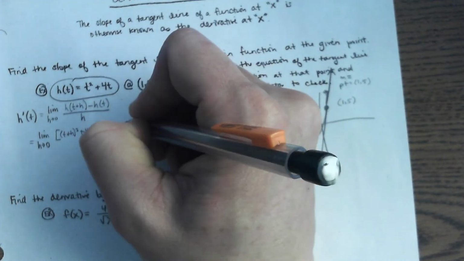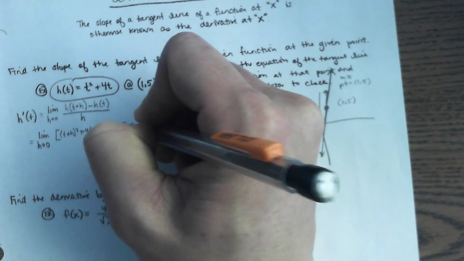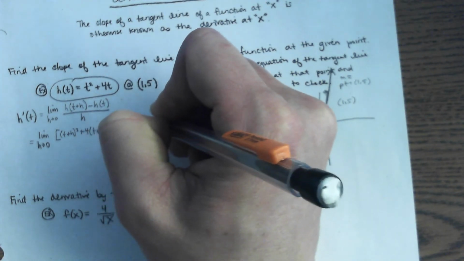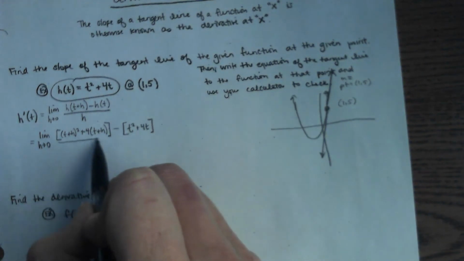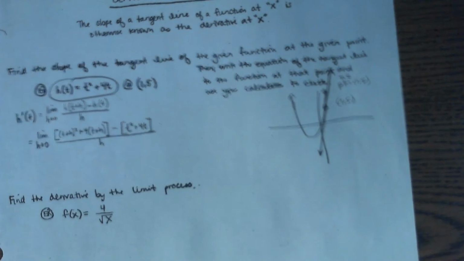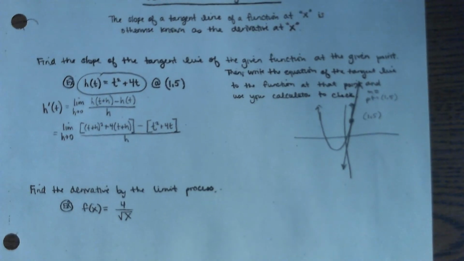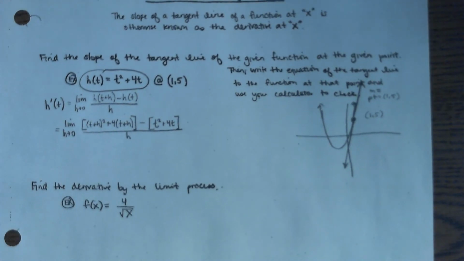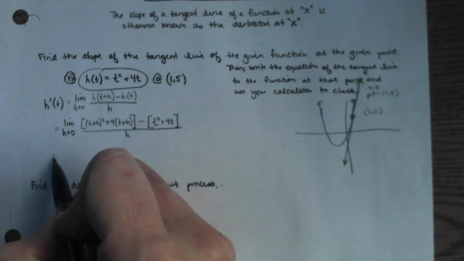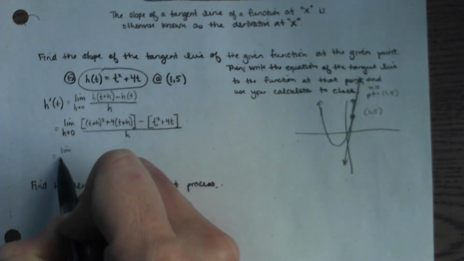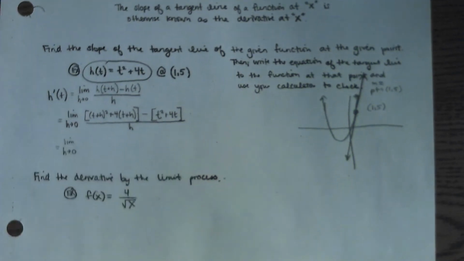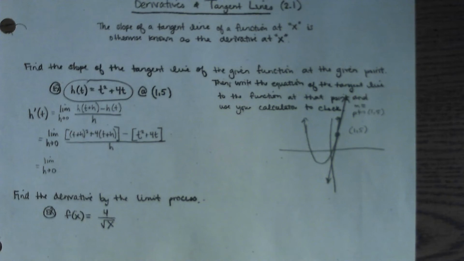Minus h of t is just minus (t squared plus 4t), all over h. We're going to start ironing all of that out, keeping our limit as h approaches 0 there, because direct evaluation is just going to be indeterminate right now.